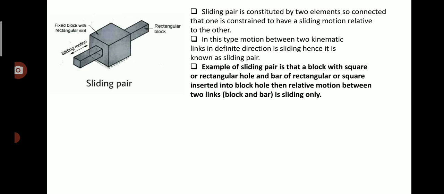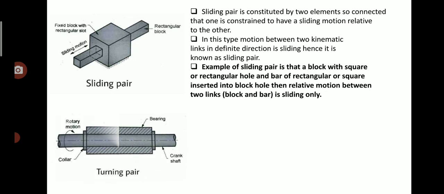In this type, the motion between the two kinematic links is in a definite direction, sliding, hence it is known as a sliding pair. As you can see in this sketch, an example of sliding pair is a block with a square or rectangular hole and a bar of rectangular or square section inserted into the block hole; then relative motion between the two links is sliding only.